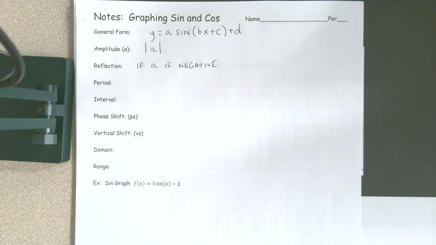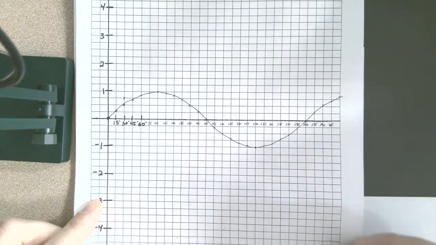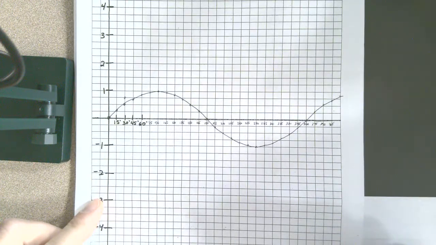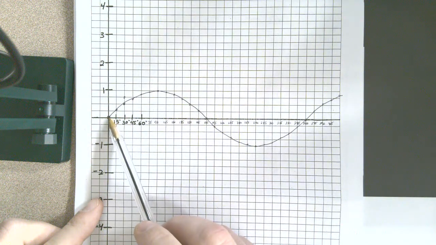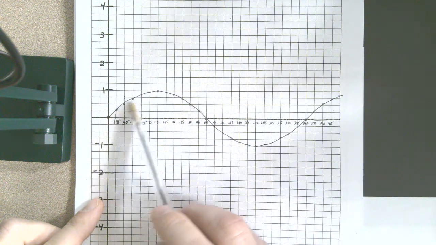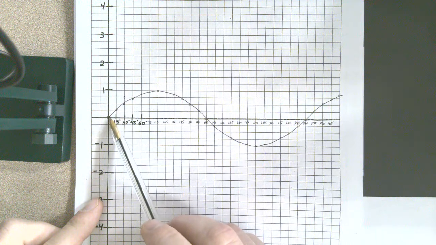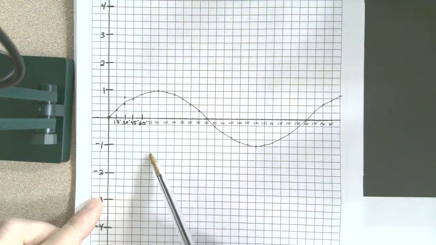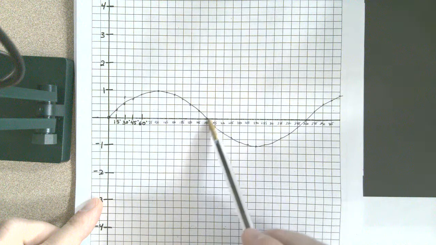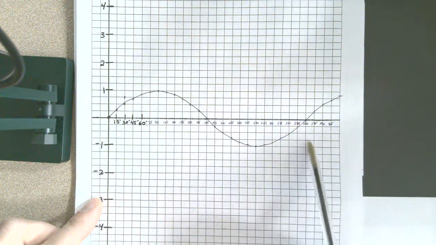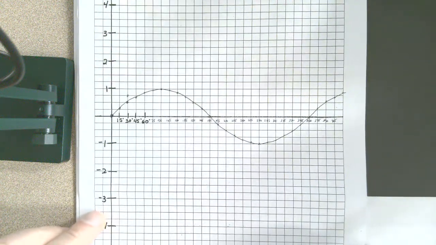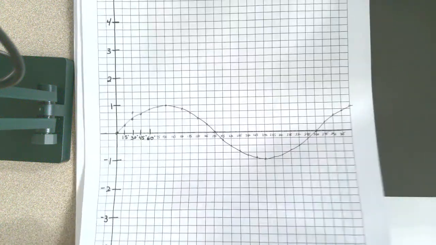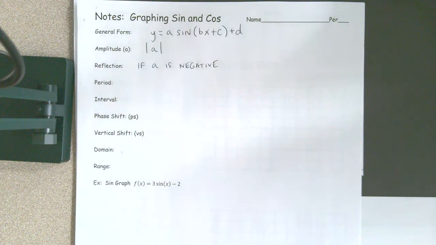Going back to my sine curve here, if my a value were negative, negative sine of x, now instead of this curve going up, it's going to start by going down, and then it would go back up. So it would be kind of just the opposite of this curve. Again, we're talking about a reflection across the x-axis.